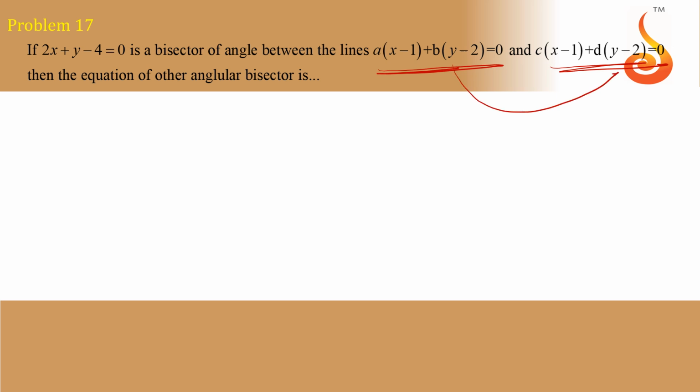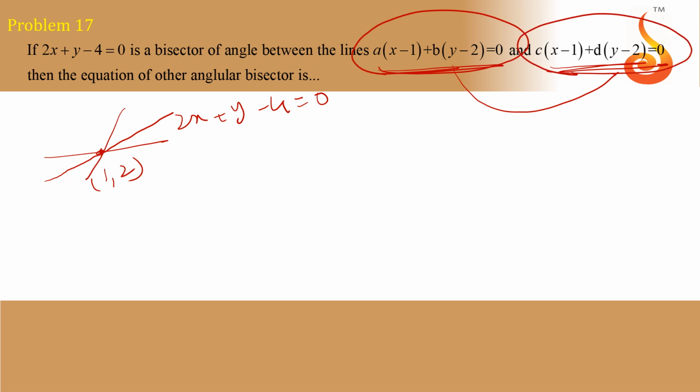Very clearly these two lines are passing through which point? (1, 2). Both are satisfying (1, 2). So say this is the angular bisector. Observing these equations is very, very important. (1, 2) is the point of intersection of the lines.